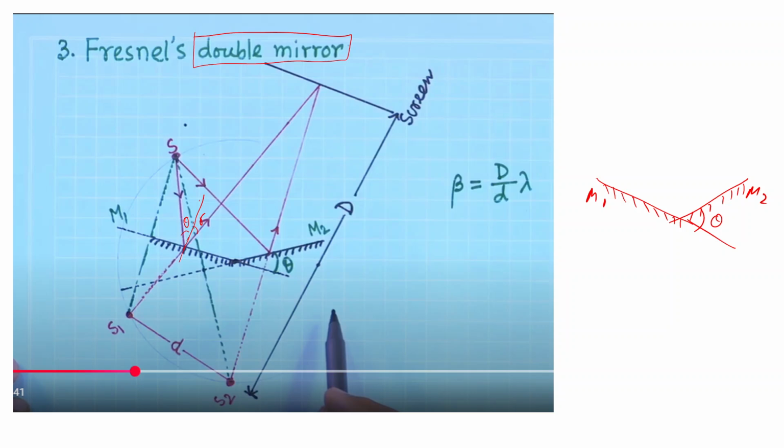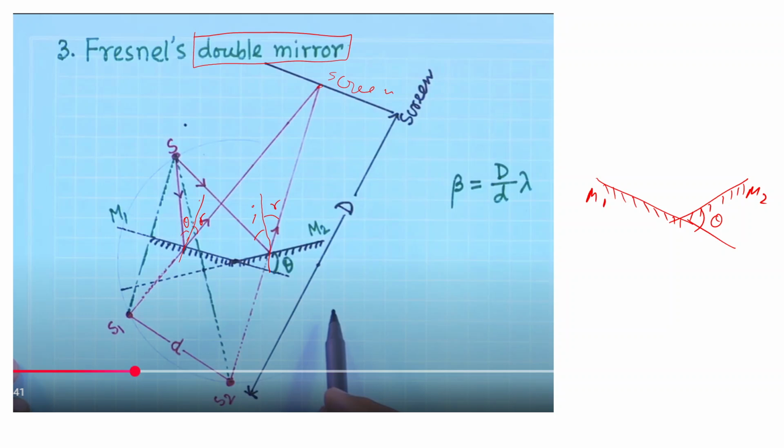Following the law of reflection, the ray coming from the source reflects from mirror M1 and reaches the screen at this point. From the same source, rays go in various directions. One ray we are considering reaches mirror M2, and if I draw a normal to M2, this is the angle of incidence and this is the angle of reflection. After reflection, it reaches this point.